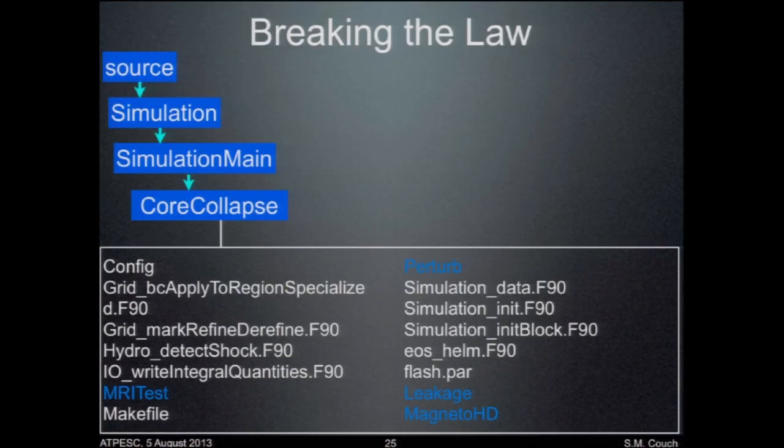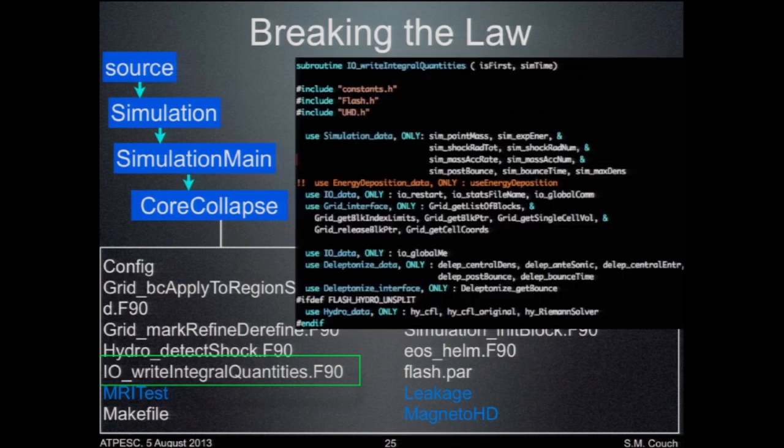One other useful thing about the simulation unit is that it can break the law, meaning that it can, Anshu's looking at me, it can access other units' data modules. And where I do this is in IO write integral quantities. So write integral quantities spits out a bunch of stuff to a data file like total momentum, total energy, total cooling, total heating, all of these things.